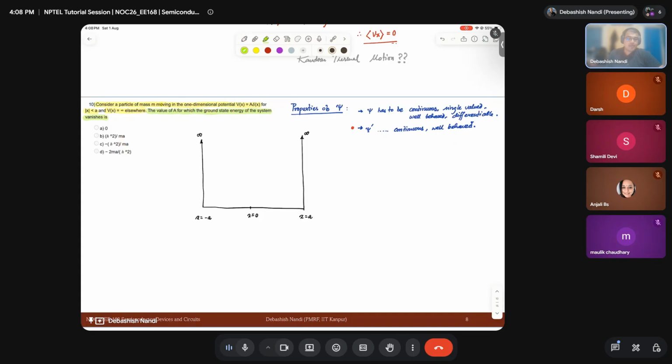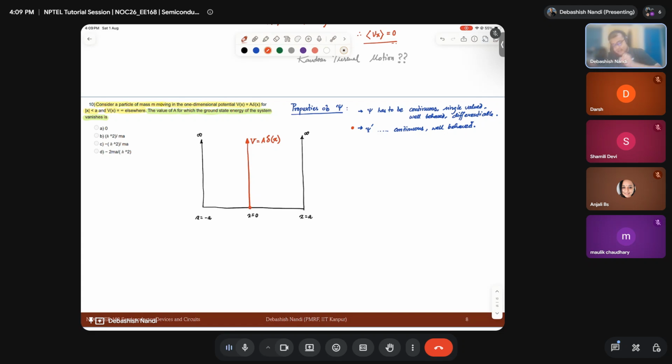So what is the potential profile? So far what we have noted is that inside the potential well, the potential energy is 0, right? But in this case, that is not the case. The potential profile in this case is something like this. There is another delta function sitting at x equal to 0. Here V is equal to A times delta x.